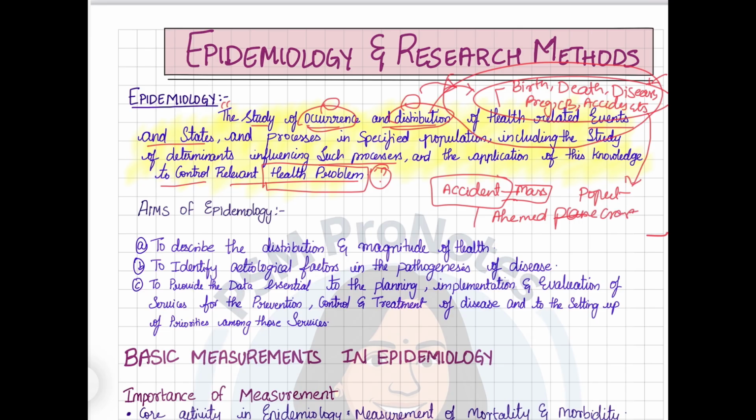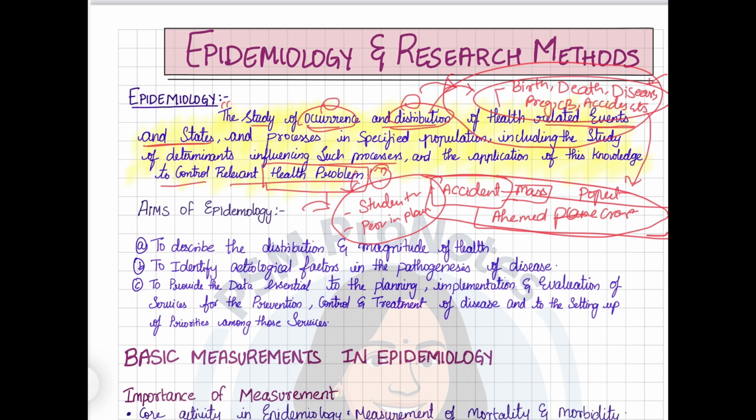So the study of this plane crash, which is a health related event and state which has occurred in a specified population. What is that population? Students in the hostel and the people in the plane. And what factors influenced this accident?